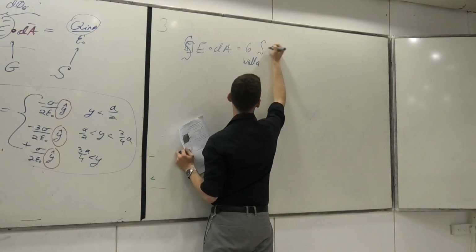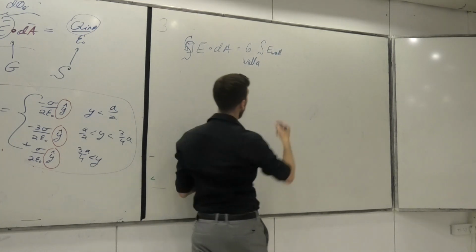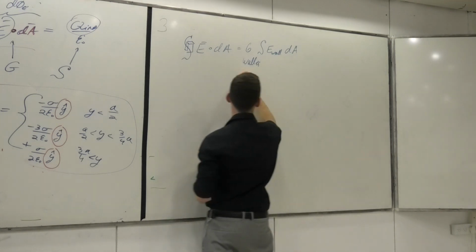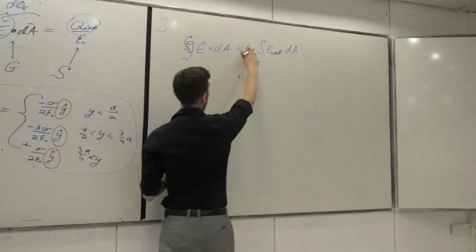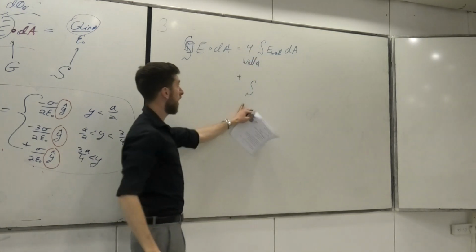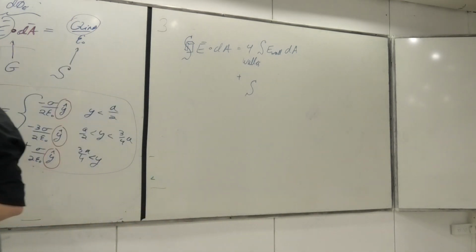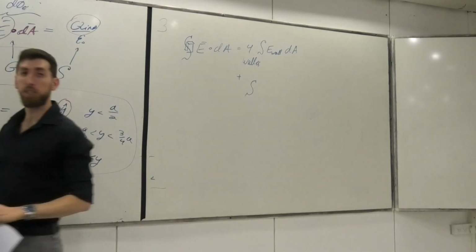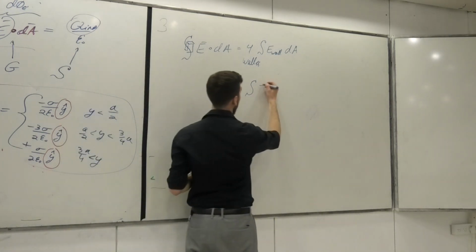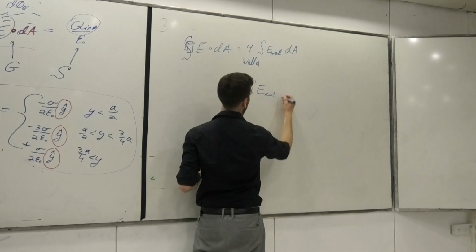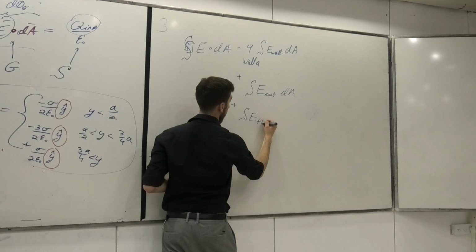We have many E wall dA, plus we have, not 6, 4 walls, and we have also 2: a roof and a floor. Do you see it? Roof and floor. We can do it. It's okay. E roof dA plus E floor dA.